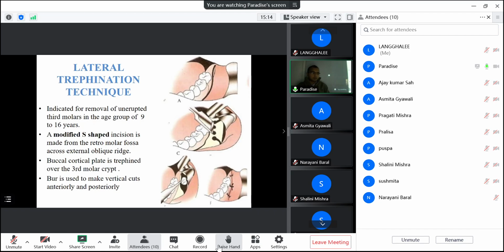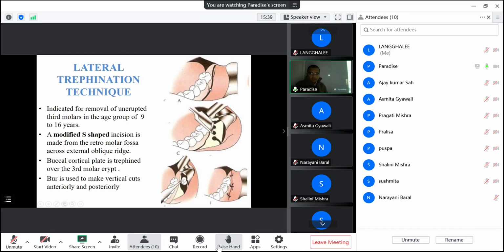That is an old technique. Removing the third molar tooth while it has not erupted completely is known as the lateral trepanation technique. It is indicated for removal of unerupted third molars in the age group of 9 to 16 years. In this case, a modified S-shaped incision is made from the retromolar fossa across the external oblique ridge.